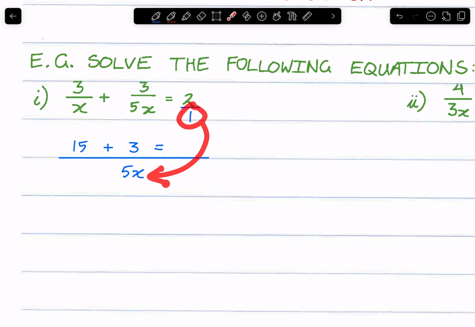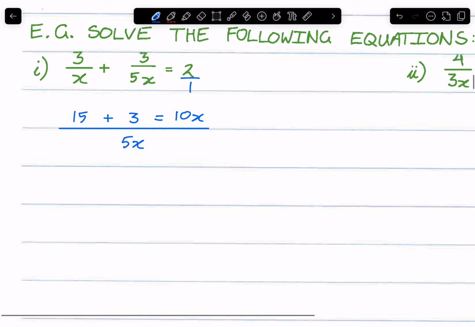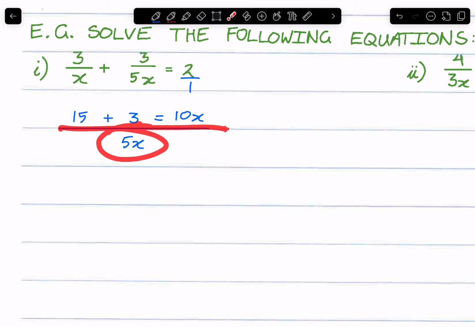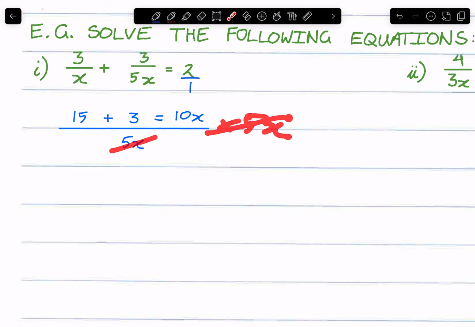1 to become 5x this time, though, it has been multiplied by 5x. So we also multiply the numerator 2 by 5x. So 2 times 5x becomes 10x. Now, since everything is being divided by 5x, we can multiply the entire equation by 5x, and these cancel.